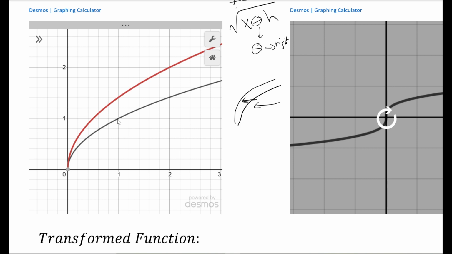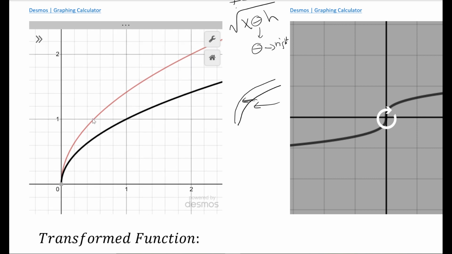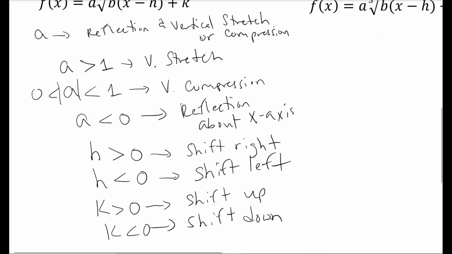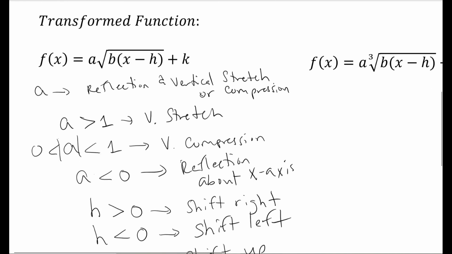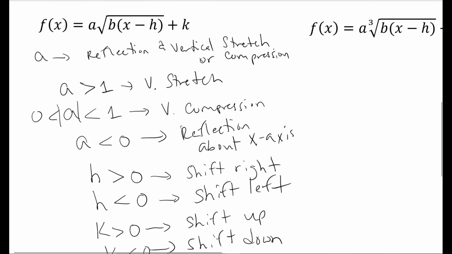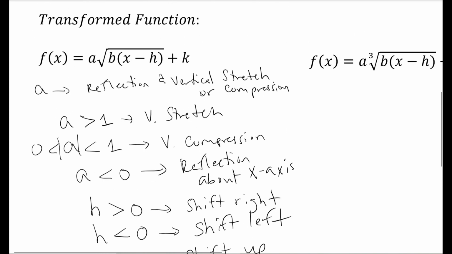The x value turned from a 1 to a 0.5. So it went from 1 to 0.5, which means that it got compressed by a half. If you're going from 1 to 0.5, that means you got reduced, right? We got reduced by 50%, by 2, basically. So this is a horizontal compression, okay?